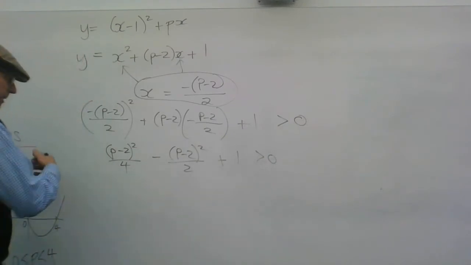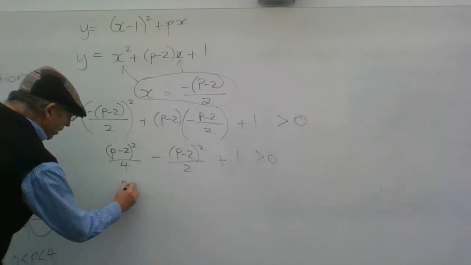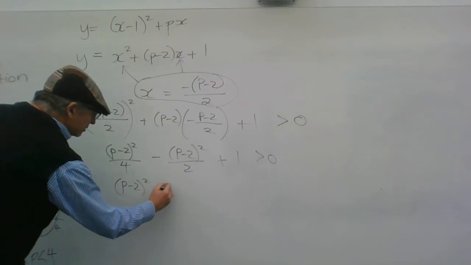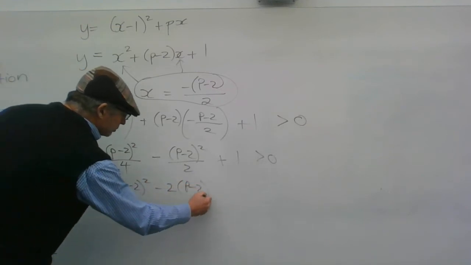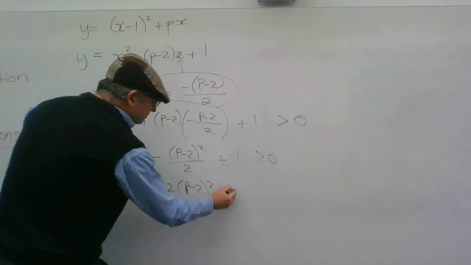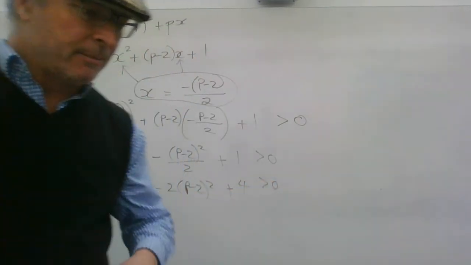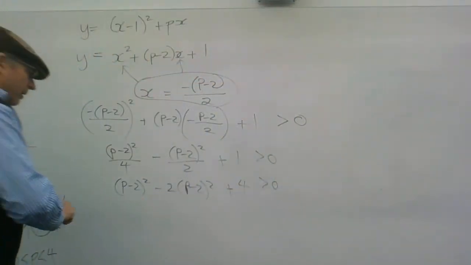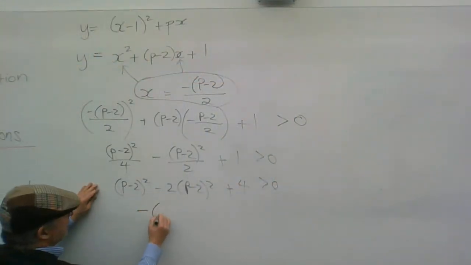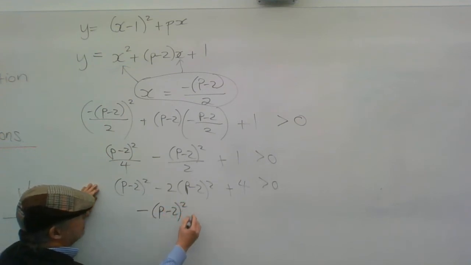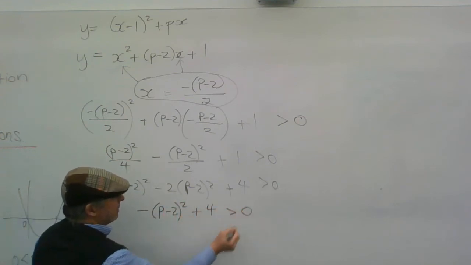So multiply everything by 4. (P minus 2) squared minus 2(p minus 2) squared plus 4 is bigger than 0. All right, that's minus (p minus 2) squared plus 4 is bigger than 0.